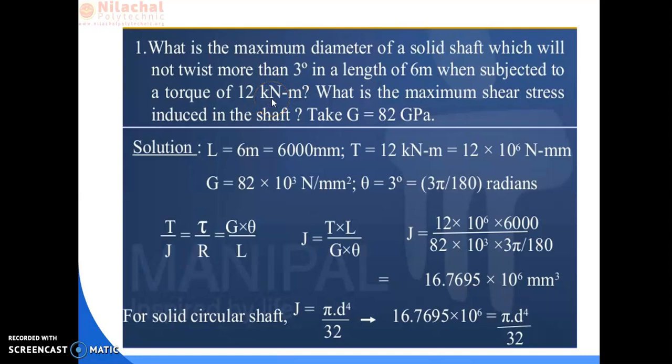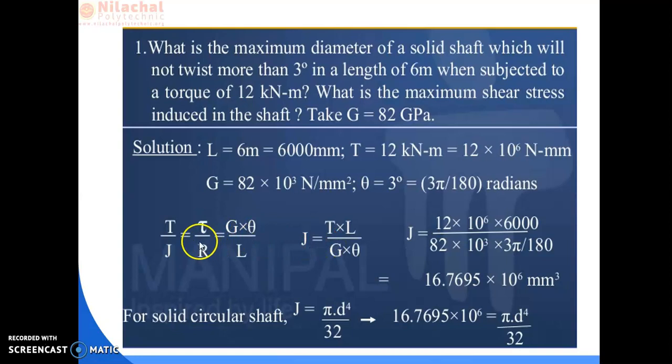From the torsion equation, we have T by J is equal to G theta by L is equal to tau by R. First of all, we have to go for finding out the two equations. One is T by J is equal to G theta by L and the other is T by J is equal to tau by R. Let's go for the first expression, T by J is equal to G theta by L. Now we get TL by J is equal to G theta.